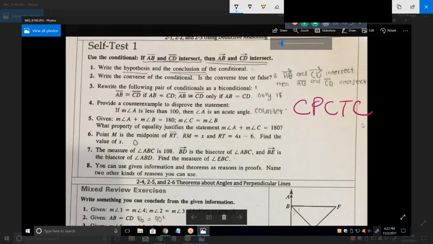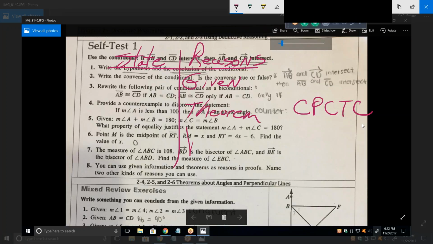In other words, they're saying what goes in the right column always. You have your statements and you have your reasons in a 2-column proof. And one of the reasons is always given, the first one usually. And a lot of them are theorems.